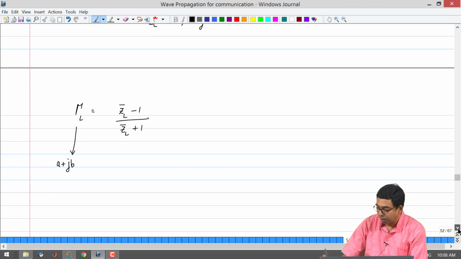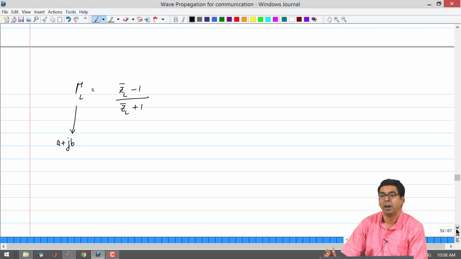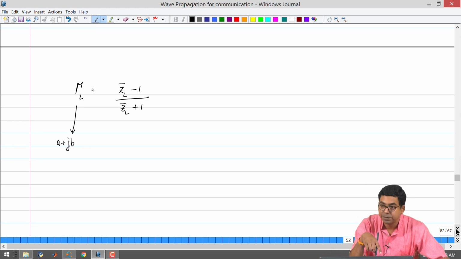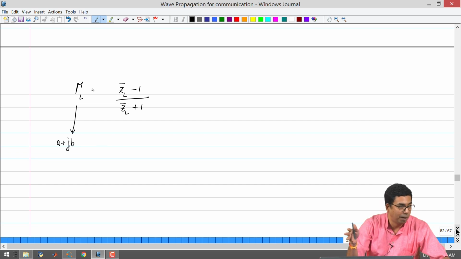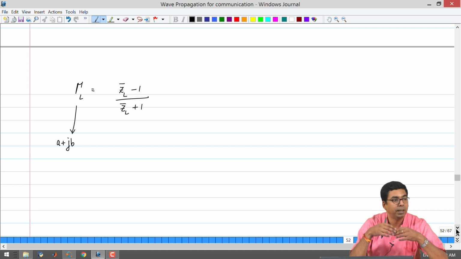What we are interested in now is knowing how ZL bar influences gamma L. Specifically, if I substitute a value of ZL bar, I know that there is going to be a corresponding unique value of gamma L, and there is a good chance that I want to keep the resistance fixed and change the reactance of ZL just to see how gamma L changes, or I could keep the reactance fixed, vary the resistance, and see how gamma L changes. These are the two things that we would like to understand in this particular lecture.